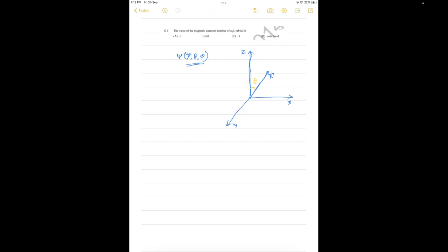And if you just take the projection of this vector in the xy plane, so this is actually the xy plane, it will look like this. Now the angle between the x-axis and this projected vector is called phi.